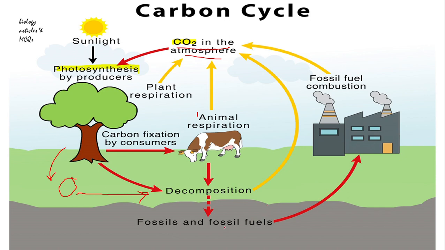Here you can see that this is the decomposition process, and the decomposition process is again leading towards the carbon dioxide in the atmosphere. This is the first step, how the carbon dioxide changes into the carbohydrates, and carbohydrates again change into the carbon dioxide.